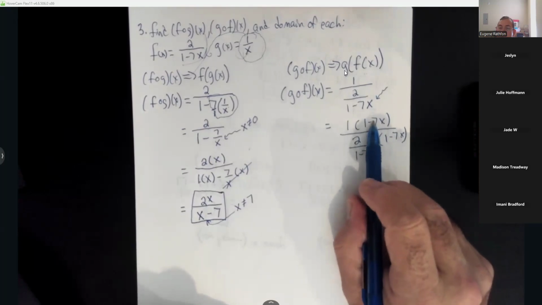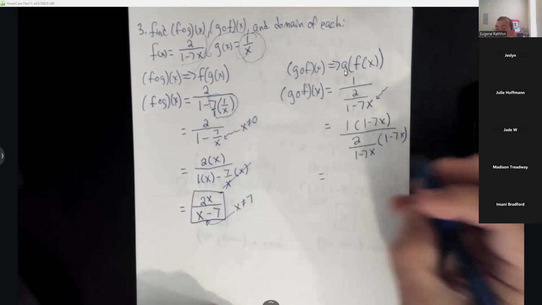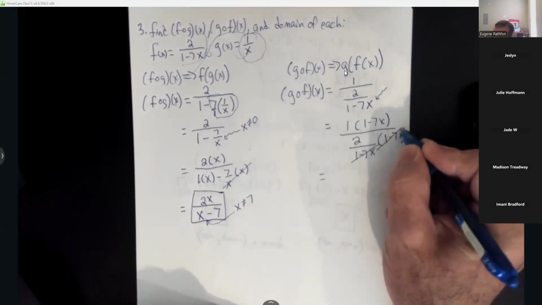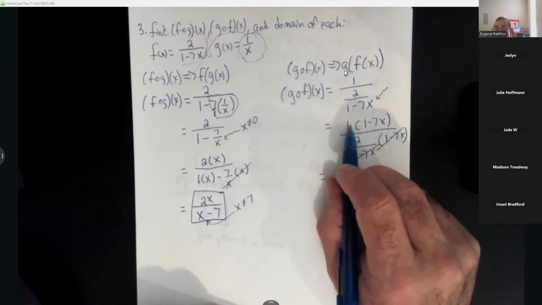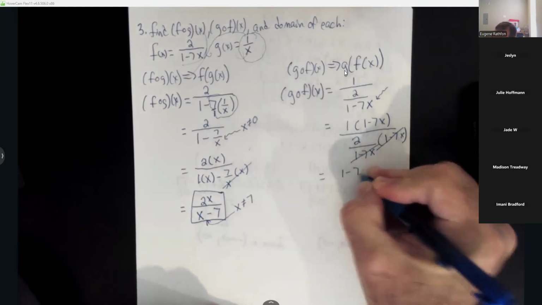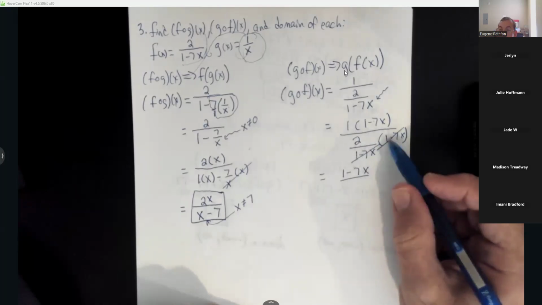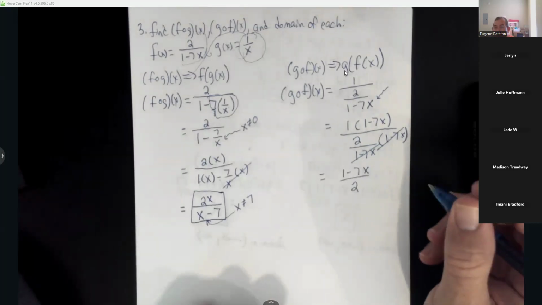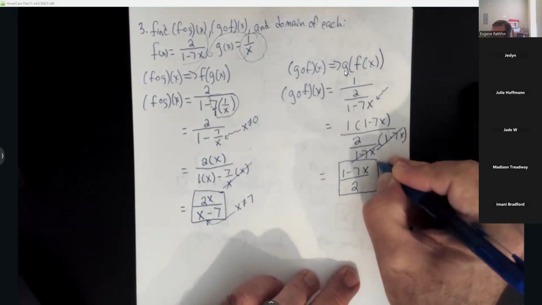Just remember, what you do to the top of a fraction, you do to the bottom and vice versa. Now, the reason I did that was because this small fraction on the bottom, the 1 minus 7x's will cancel and they're gone. So on top, 1 times 1 minus 7x will give you 1 minus 7x. On bottom, since the 1 minus 7x is canceled, all that's left is our 2. And that will not simplify any further.